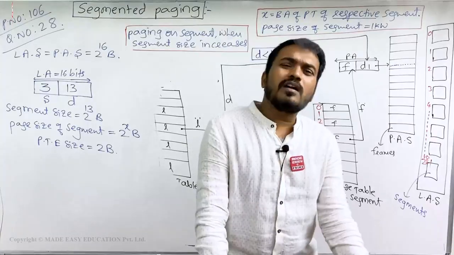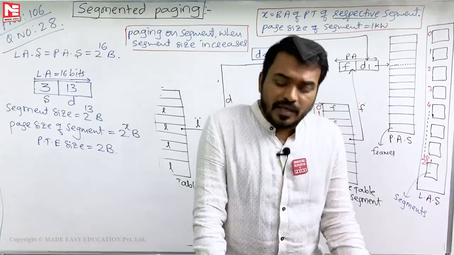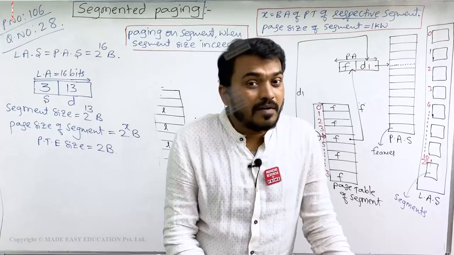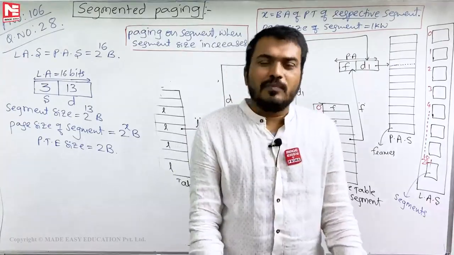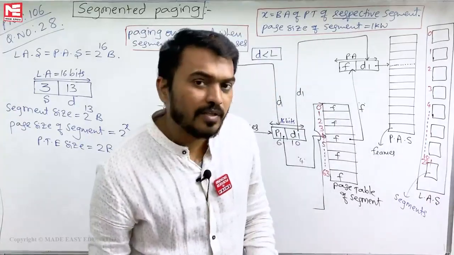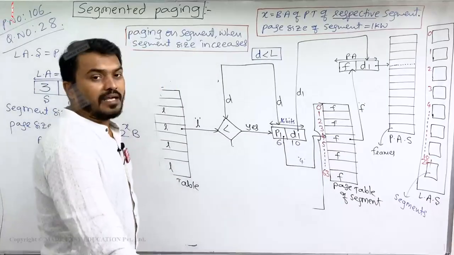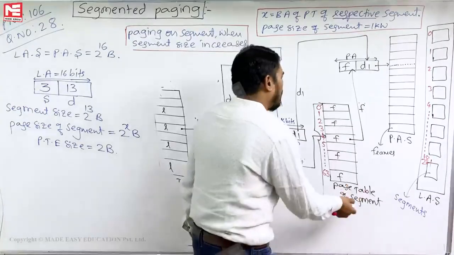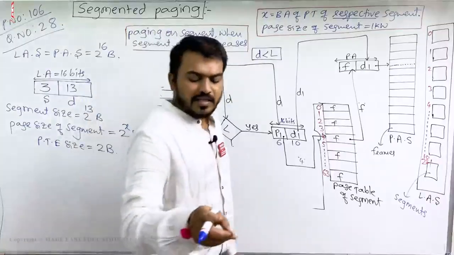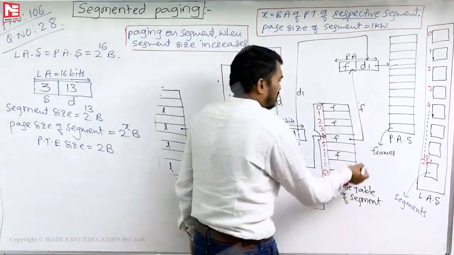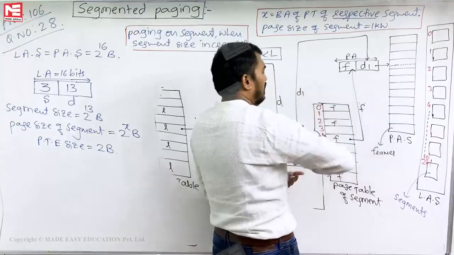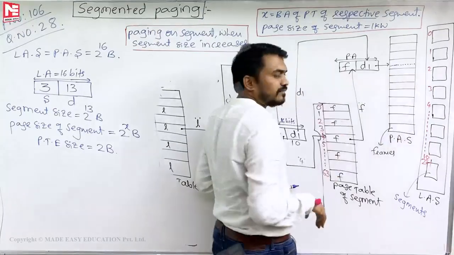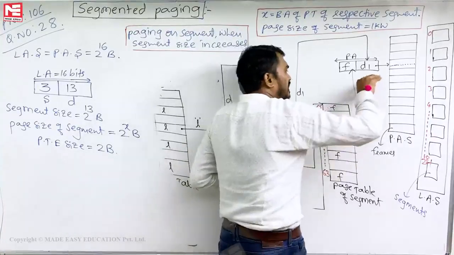Okay, so understand here what do you want to do. करना क्या चाह रहा है? ओके, page table of segment को exactly frame के अंदर fit करना चाह रहा है. पहले ये बताओ page table of segment कहां पे है, diagram में बताओ. देखो यहां पे page table of segment बिल्कुल आपके सामने. So this is the page table of segment, which is trying to fit exactly in one frame here.